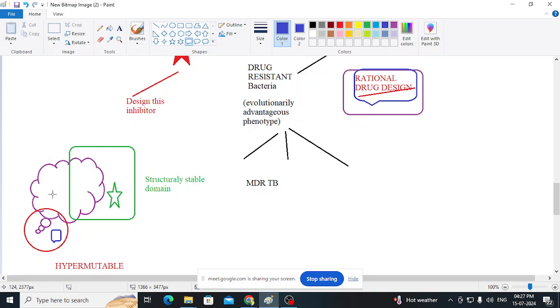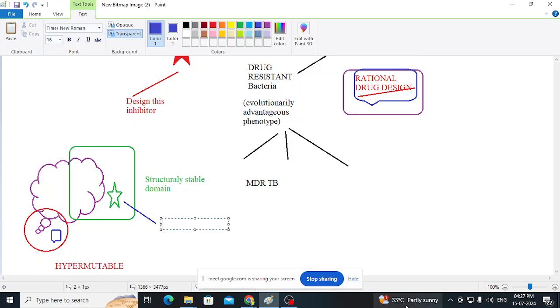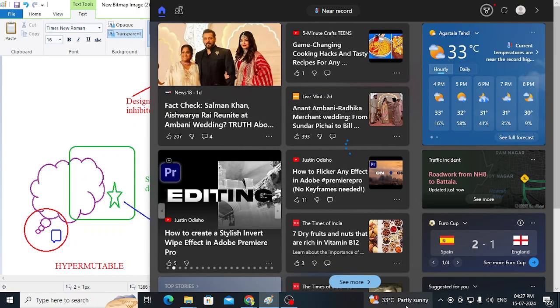Which domain in the protein? The hypermutable area or the structurally stable area? We have to use the structurally stable area. We have to find this drug structure, not that. This will be a better drug.